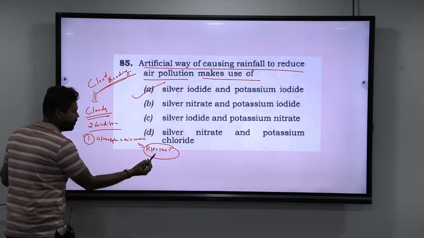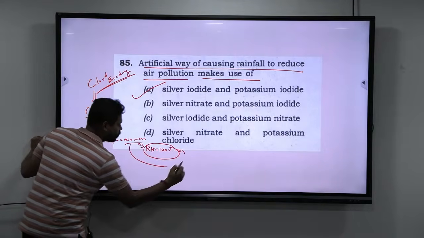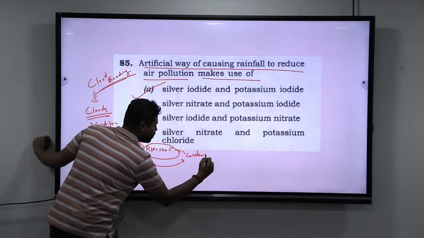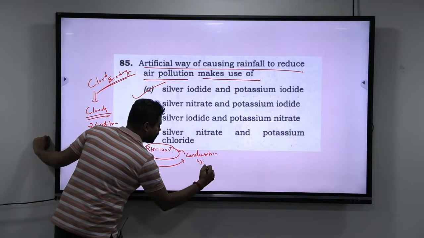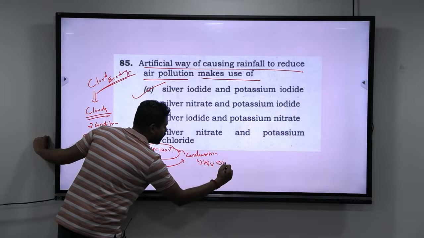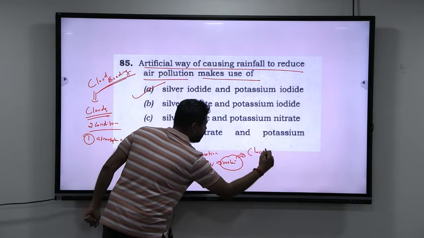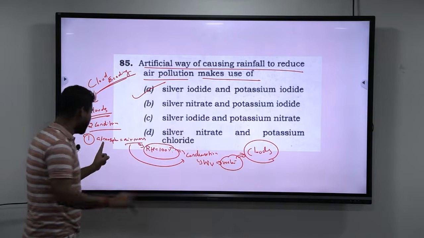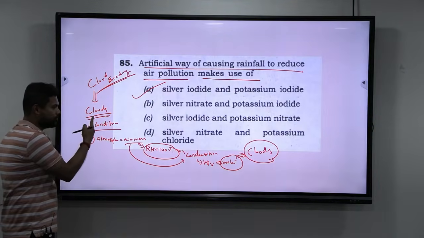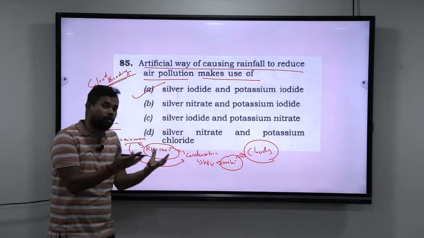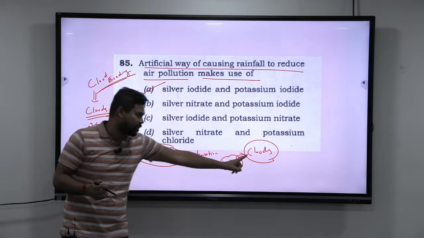When the relative humidity becomes 100%, this air mass will undergo what you call condensation. What is condensation? Condensation is water vapor becoming water. The collection of this water is what results in the formation of clouds. Now, that is one condition. Clouds are nothing but floating masses of water. Floating masses of water molecules are known as clouds.